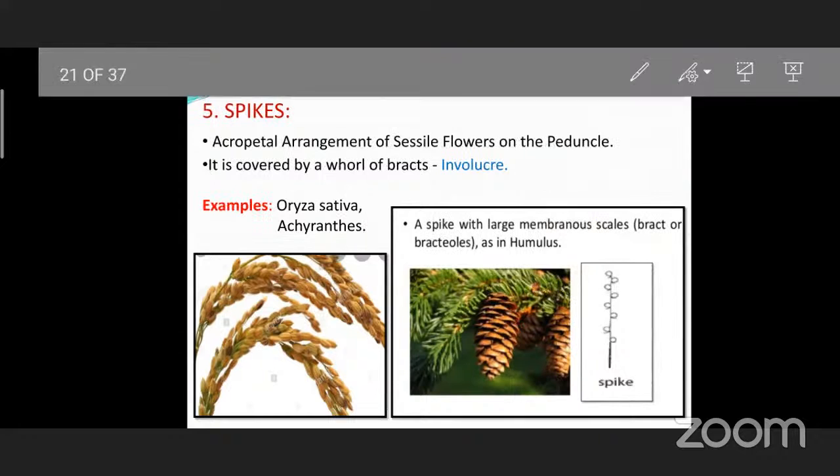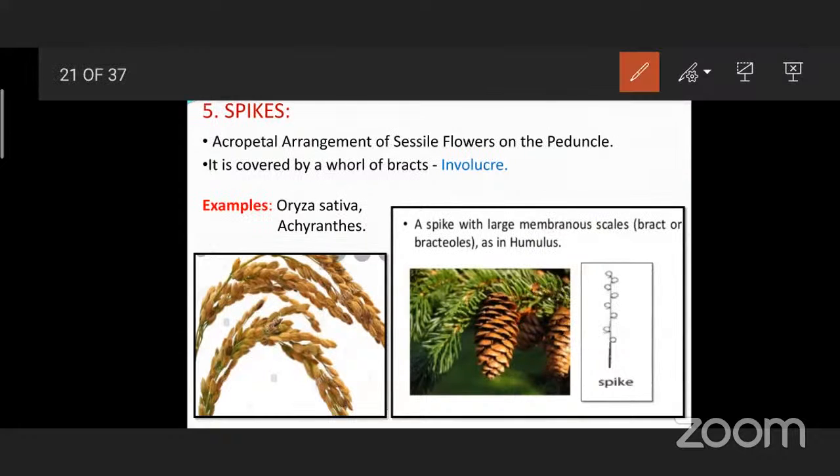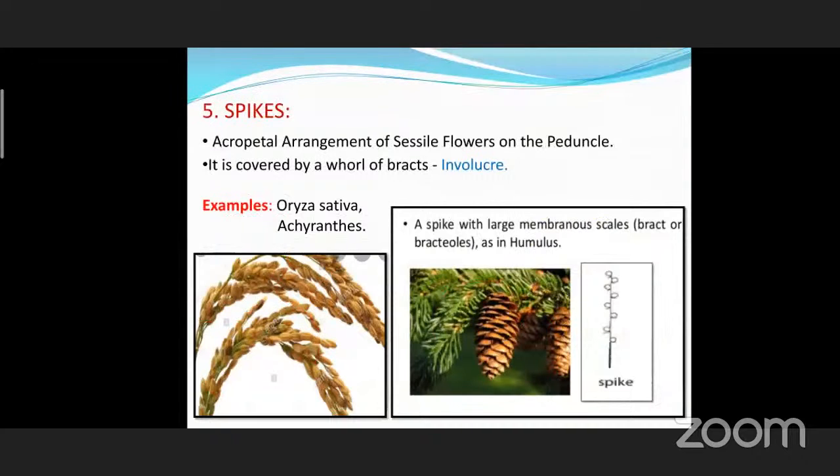That means the arrangement is from smaller to bigger. That is acropetal arrangement. These are covered by bracts, called involucre. The flowers in the spikes are colorless because calyx and corolla are not differentiated. So this is the spike type of inflorescence, that is simple racemose inflorescence.